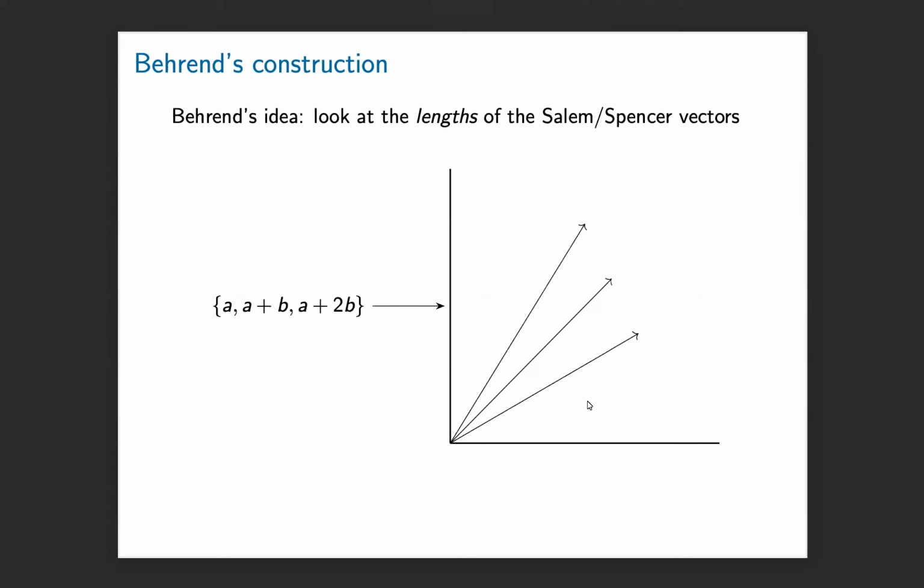So Behrend's idea is to look at the lengths of the Salem and Spencer vectors. So let's say we start out with a three-term arithmetic progression. When we map them to vectors, what we'd hope is that those vectors are in a line. And that would really help us, because it means that these vectors can't all have the same length.